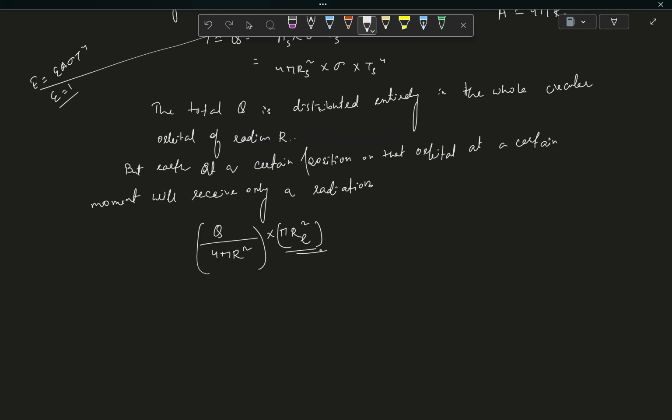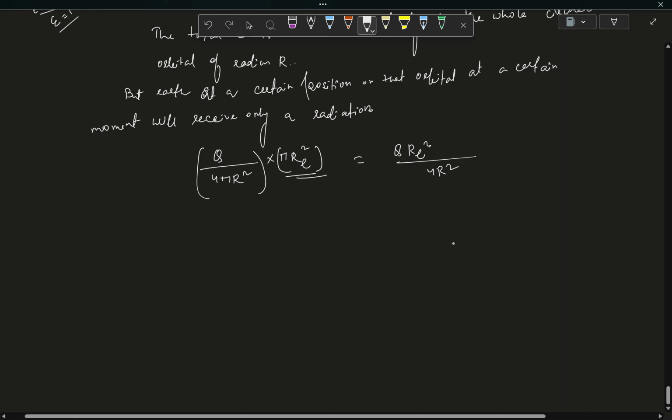So that is pi r_e squared and not the total 4 pi r squared, because we are only sitting at a particular portion. That is why you multiply it by pi r_e squared, and the total ratio then becomes Q r_e squared divided by 4 r squared. So this is the radiation that Earth will receive from the Sun.